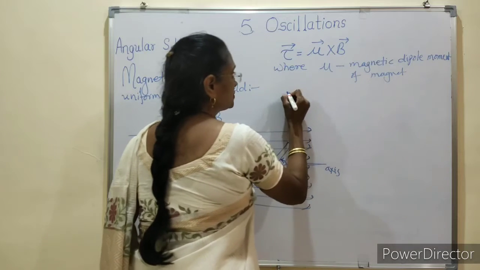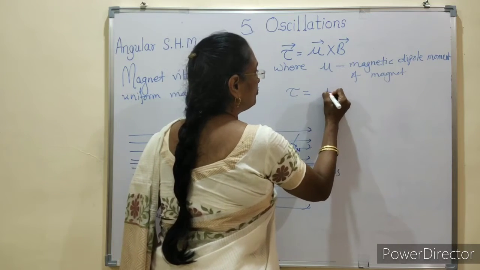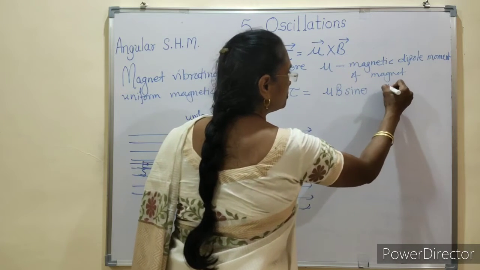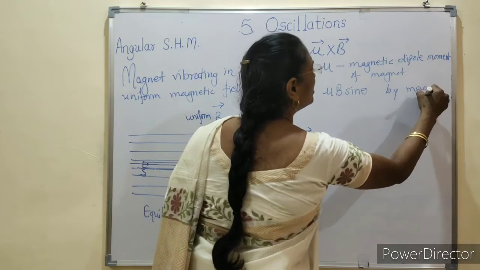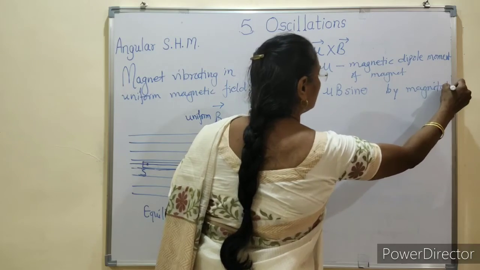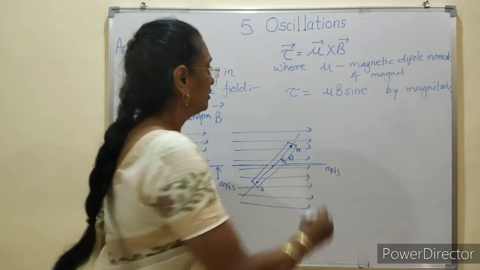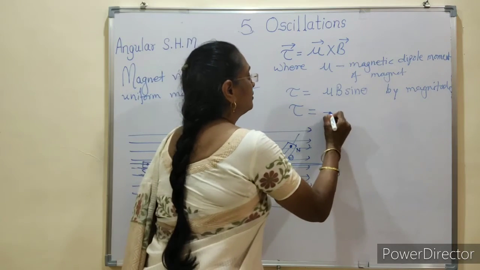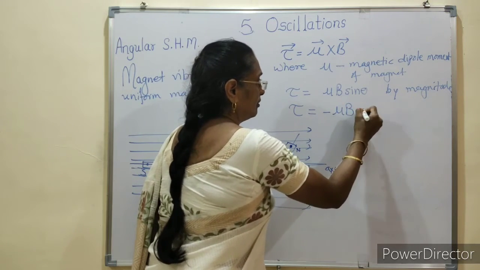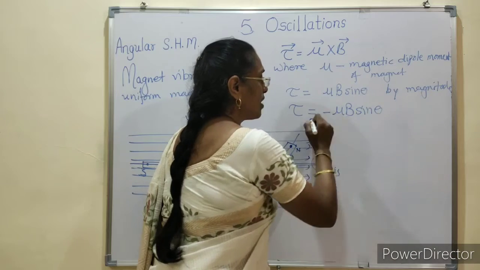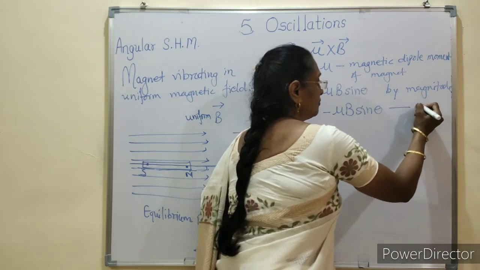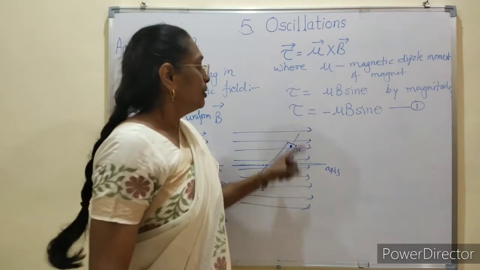So in this case, tau by magnitude is mu B sin theta. Its magnitude is mu B sin theta, but if we take the relation, it is minus mu B sin theta. This is our first equation.